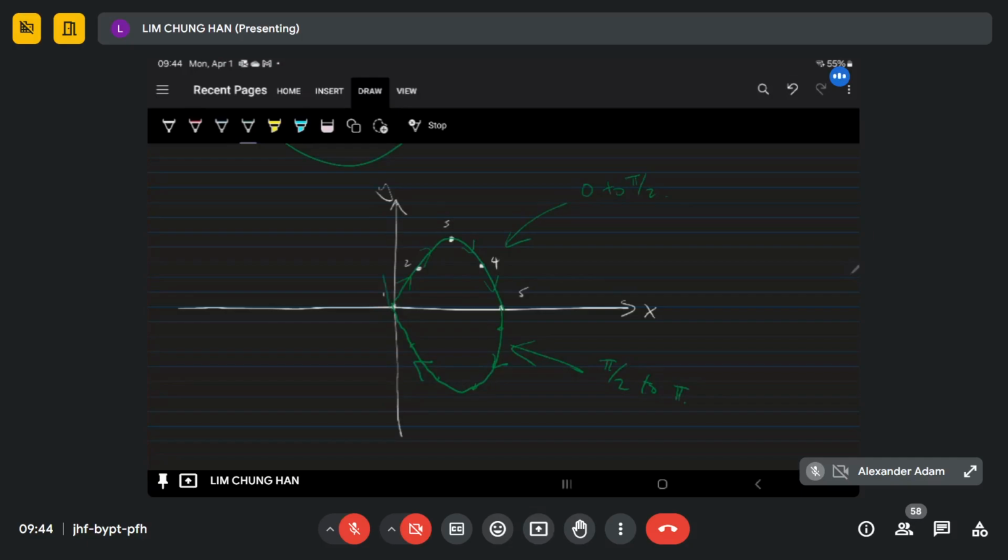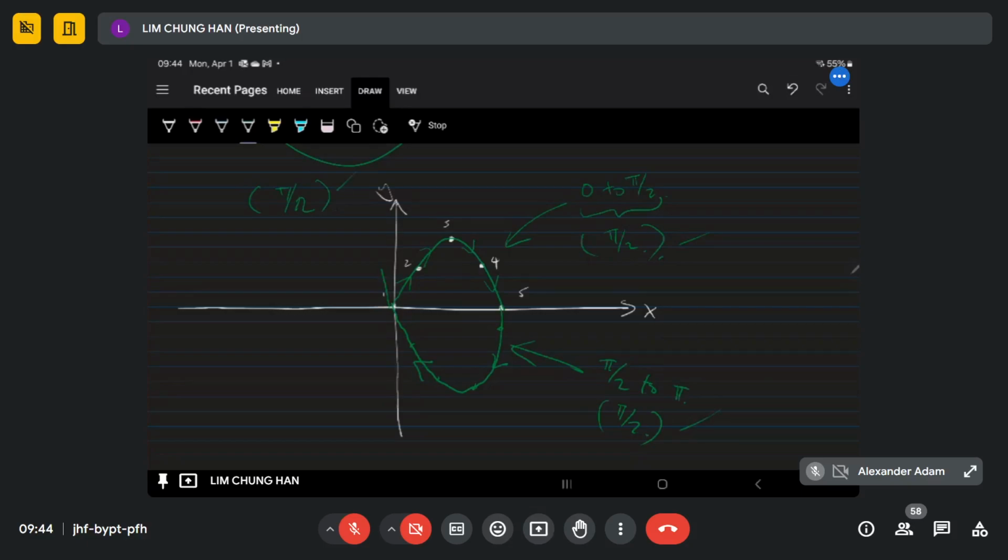So if you notice, every quadrant we cover 90 degrees. So here we have another 90 degrees. So we need another 90 degrees somewhere here, so that we cover a full 2 pi. At the moment we only have pi over 2, another pi over 2, so only 3 pi over 2.